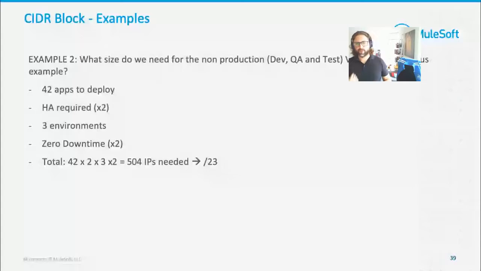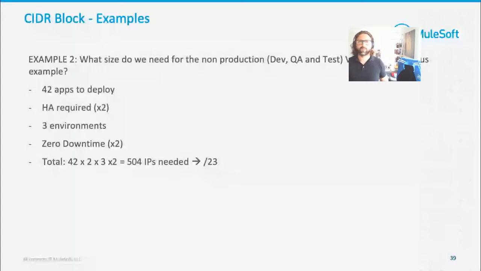Let's multiply that by 3 because I want to keep a version of every application in 3 environments, dev, QA, and test. And let's multiply that again by 2 because I want to be ready if I want to do a bulk update for all the applications. If you do the maths, that means 504 IPs that we need, which is a block size of minimum /23. So as you can see, under these conditions, the block size for the non-production VPC is bigger than the production VPC.